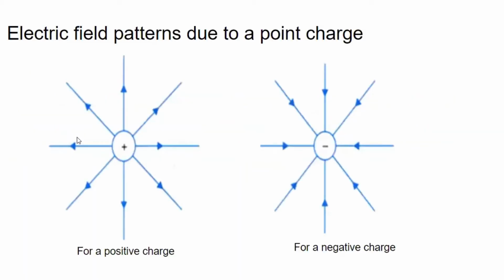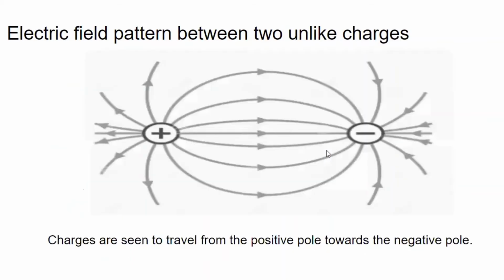So the electric field pattern due to a point charge is that for a positive charge, the field lines move away from the charge, and for a negative charge, the field lines move towards the negative charge. The electric field between two unlike charges is that the lines move from positive to negative.